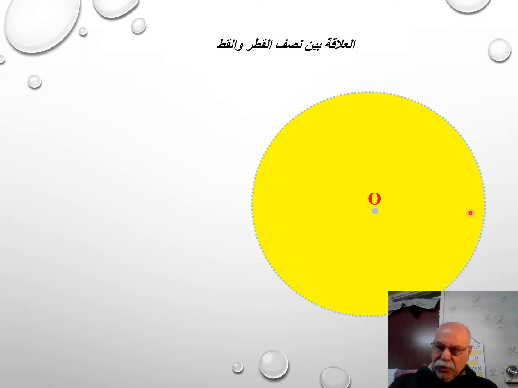So this point O is the center, and this line AO is a radius, and this is also OB, a radius, from here. This whole line is called in mathematical language the diameter.